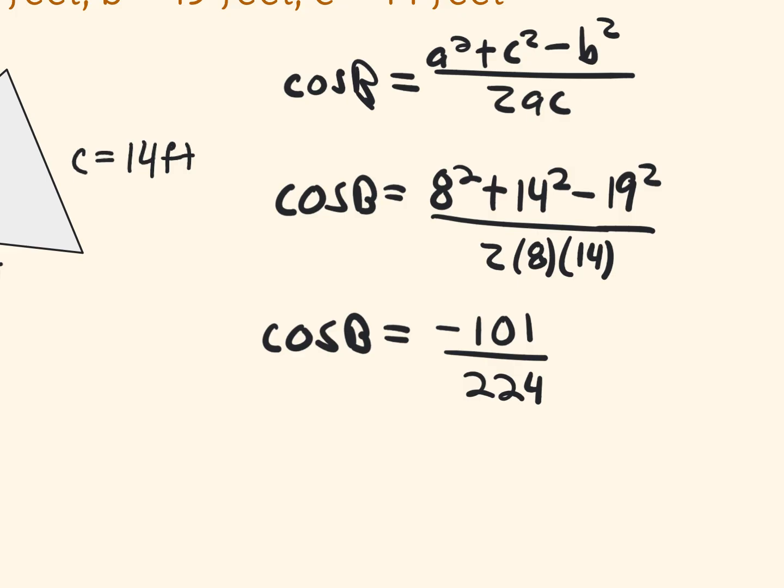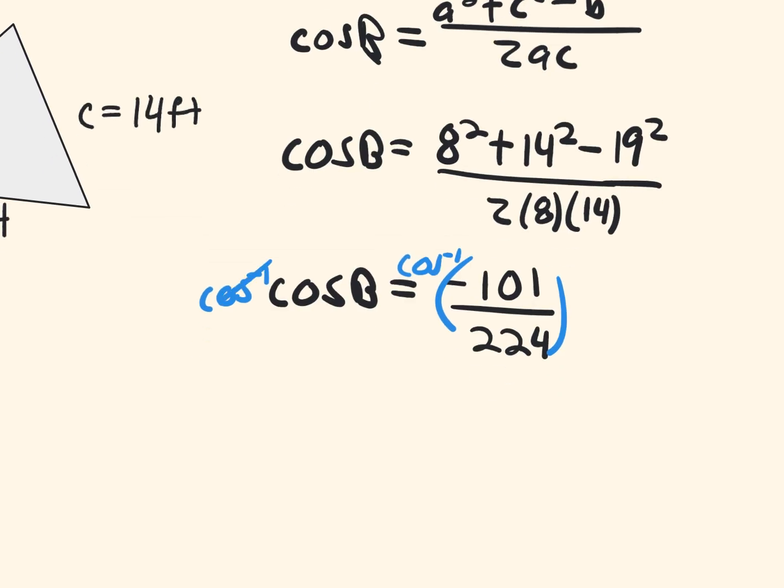This gives us cosine of B. This doesn't get us our angle B, so what should we do to find just the angle B? Hopefully we know this by now. Good, right? Cosine inverse. We're going to do cosine with the negative 1 on both sides. These are going to cancel out. And then B is whatever you get when you type this in your calculator.